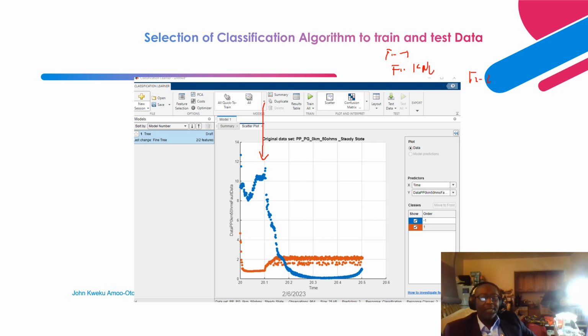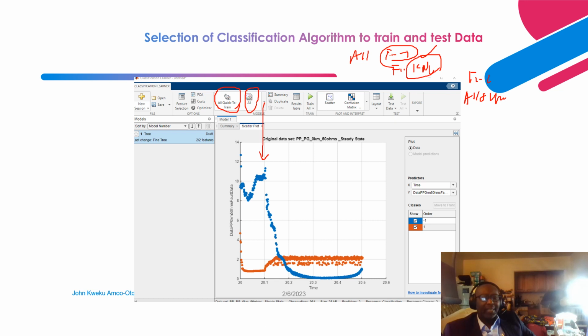Then what you do is you select all quick-to-train or select this one, whichever you go, right? Then under that, you select the one that you want. So I went ahead and selected fine decision tree and fine KNN and all SVM, support vector machine.